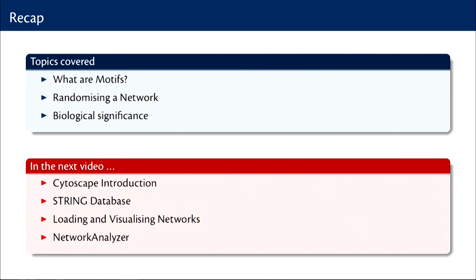I really invite you to go and read a little more about motifs in the book by Uri Alon I just showed. And in the next video, we will move towards a lab session wherein I will introduce you to Cytoscape, talk to you about some concepts of the underlying STRING database, as well as how you load and visualize networks and use this very interesting Cytoscape tool called Network Analyzer.